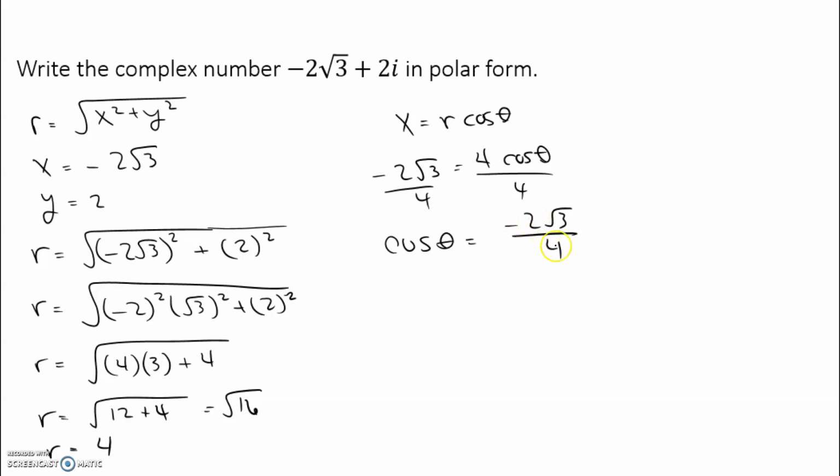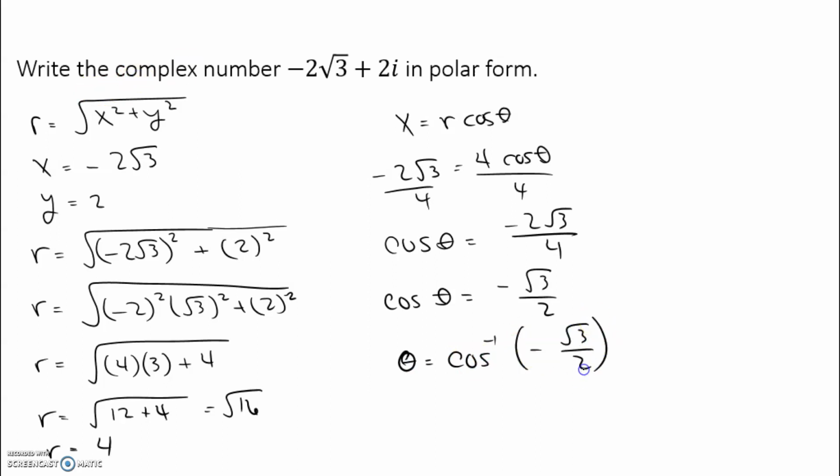I can take a 2 out here and here, which would leave me with negative square root of 3 over 2. And I'm going to move cosine over, so theta is equal to the inverse cosine of negative square root of 3 over 2, which gives me 150.